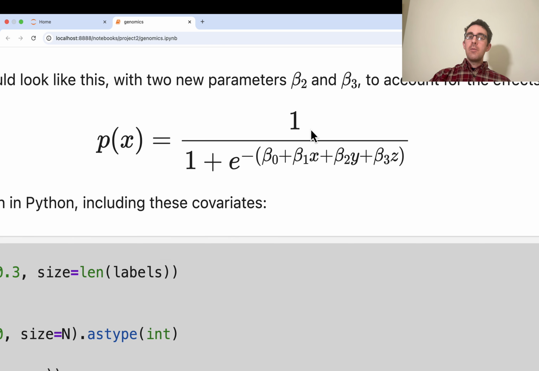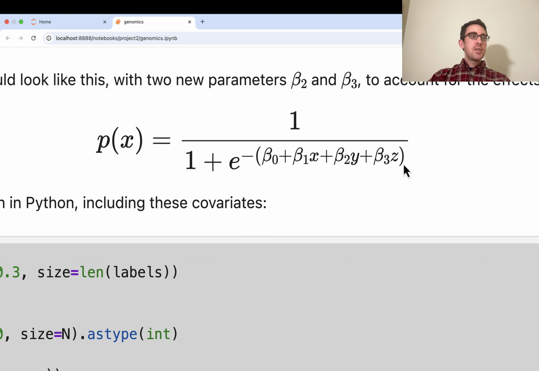That means a genotype of X equals 0, a smoker status of Y equals 0, meaning they were not a smoker, canceling out any effect from beta 2, and an age Z of 0, canceling out beta 3.